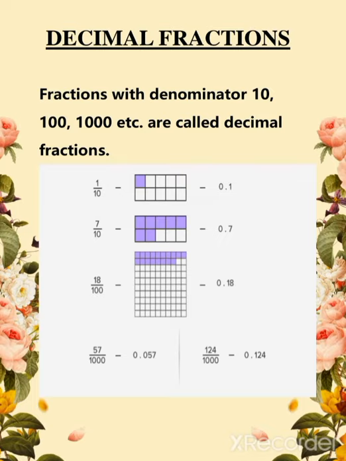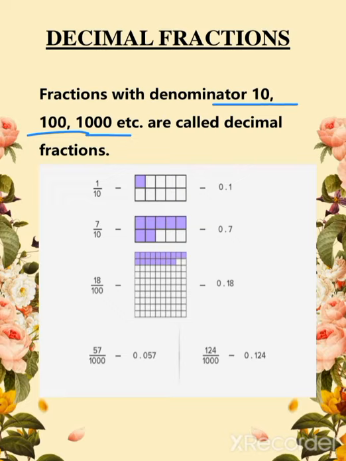After place value, let us discuss a little about decimal fractions. As the name suggests, it's a kind of fraction. Any fraction with denominator 10, 100, 1000, etc. is called a decimal fraction. That means any fraction in which the denominator is of the form 10 raised to some power.